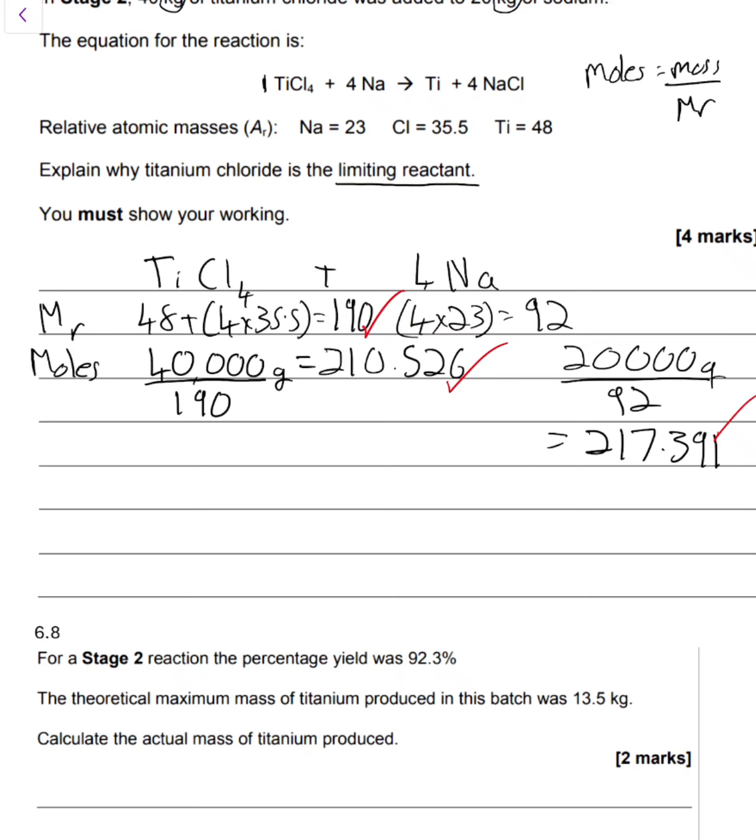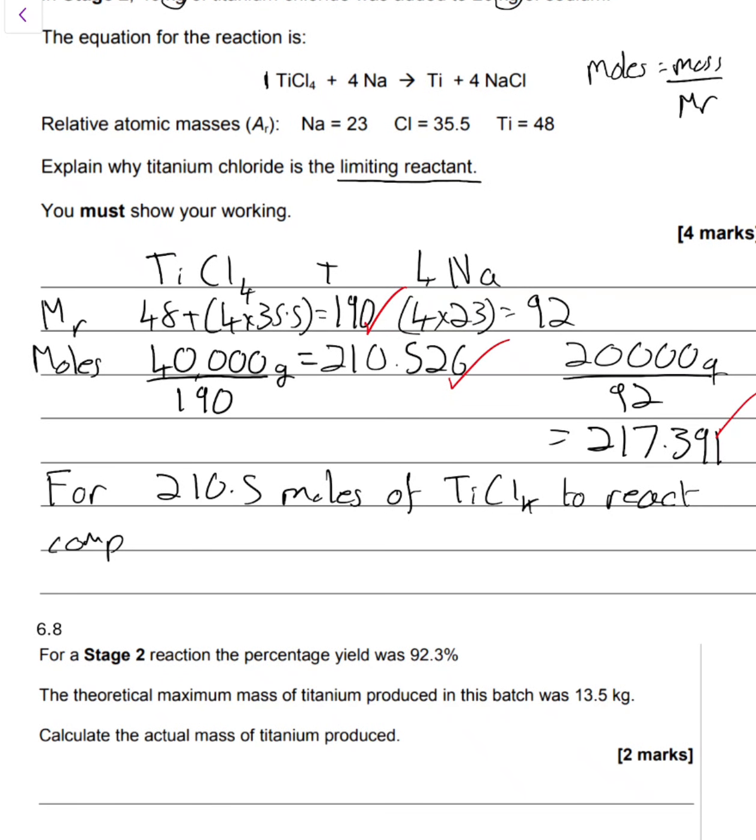So now we actually need to put an explanation. So the way I'm going to explain it is this. I'm going to say for 210.5, I'm just going to round there, moles of titanium chloride to react completely, it would need how much? It would need 4 times that because it's a 4-to-1 ratio.